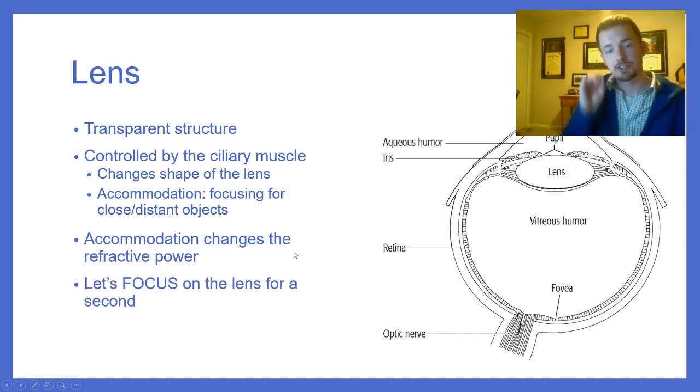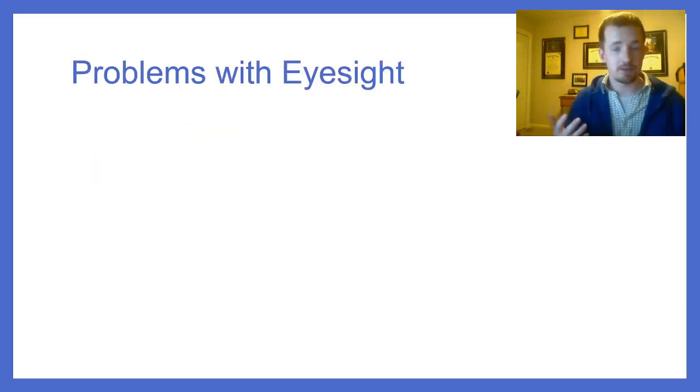So let's focus just a little bit on the lens for a second, because I want to touch base to talk about glasses and contacts, because a lot of us have problems with eyesight. Usually most people in a classroom seem to have some kind of corrective eyewear. Maybe it's contacts or maybe it's glasses. And sometimes this is something that you're mostly born with, but it can also be something that develops with time. For example, my dad didn't need glasses until he was like 33 or something like that, and then he needed glasses.